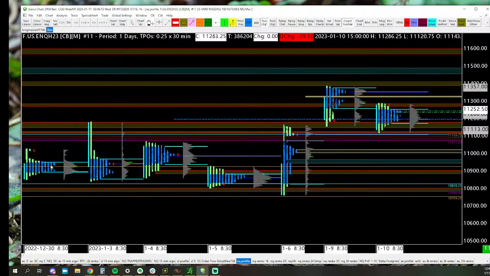But look what happens when volume stays down here. See how price spikes up, but the volume doesn't shift, right? The result of that is the market explores lower because they absorbed the buyers. They bought up there, but they couldn't develop volume up there, so price drops.